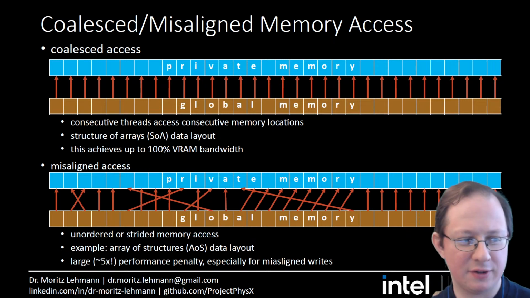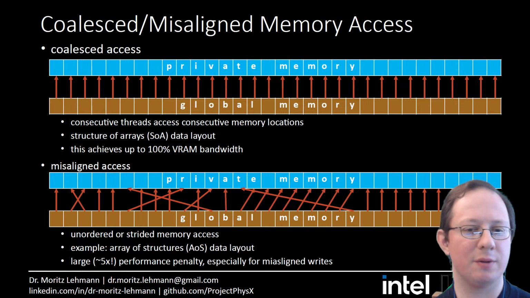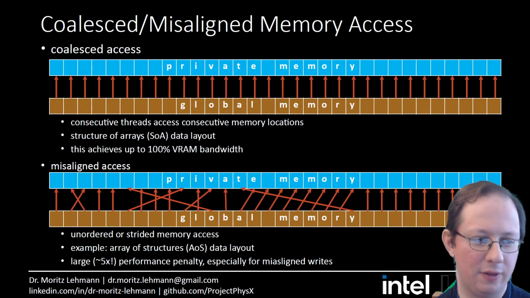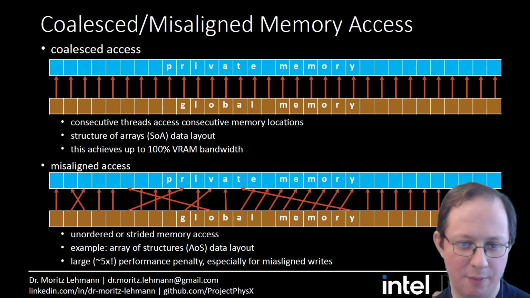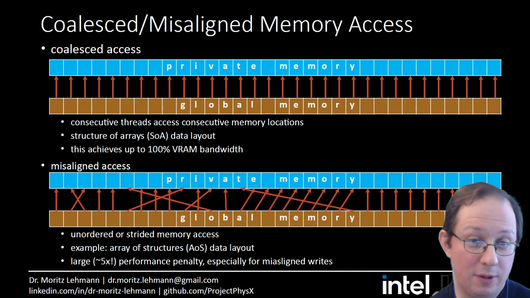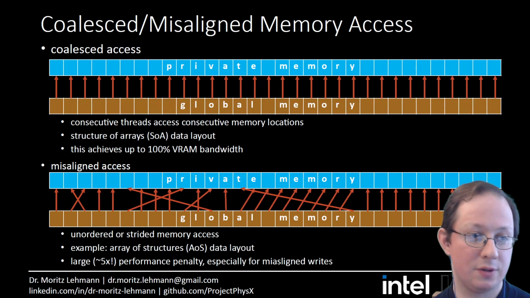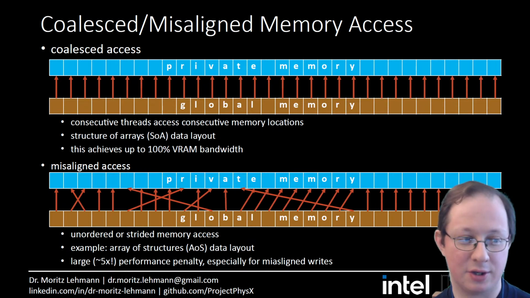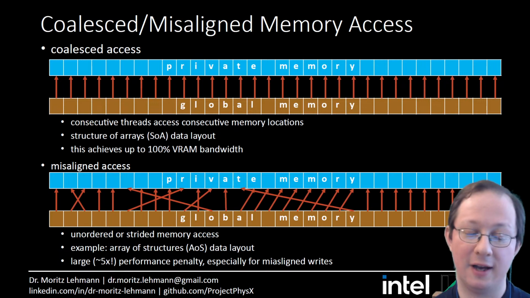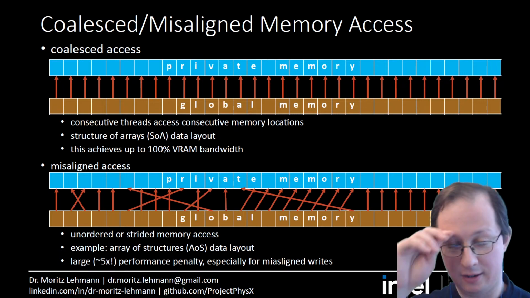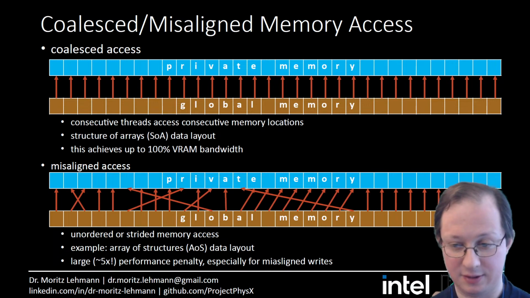I think it's fair to say that this is also true for CPUs. The way that you load into cache in a CPU would also benefit from effectively coalesced loads. I mean, that's what a cache line is, right? So I think this is a good principle to follow for performance in any case. That's definitely very important.